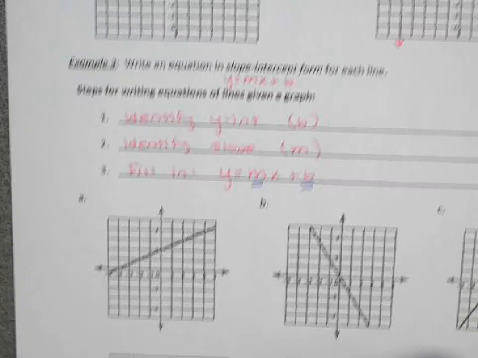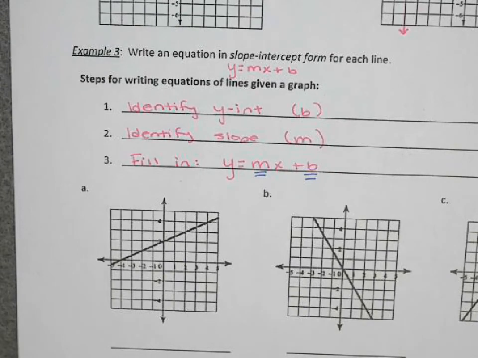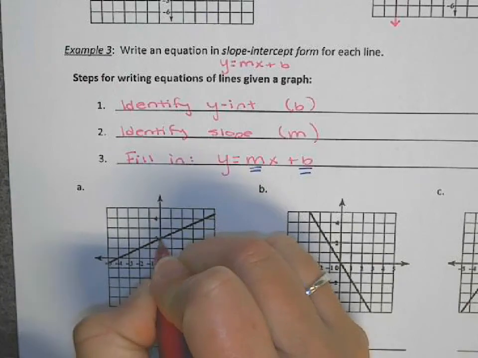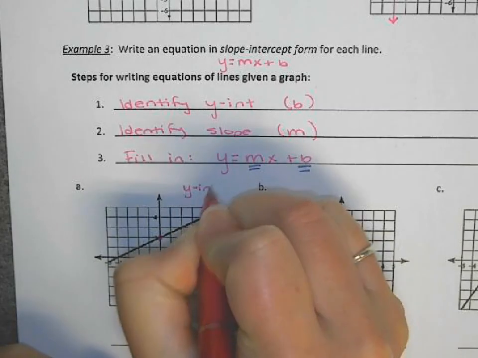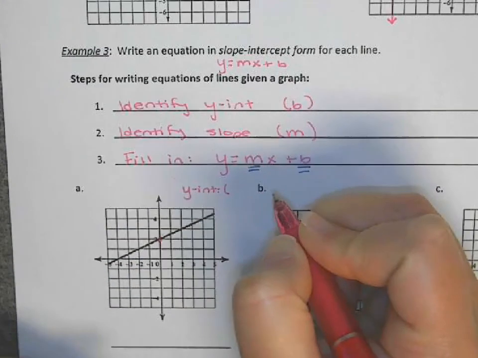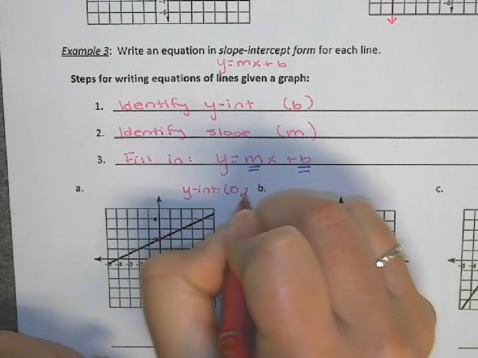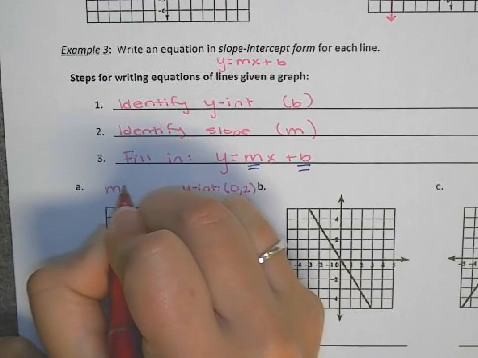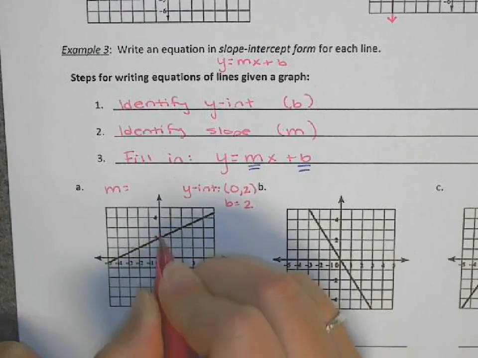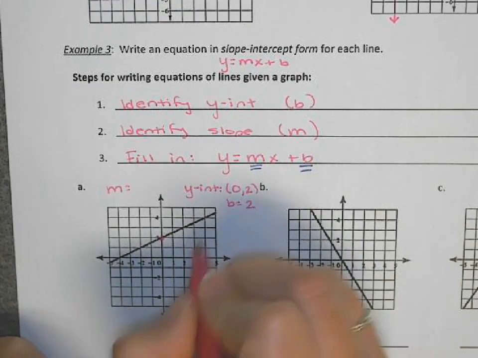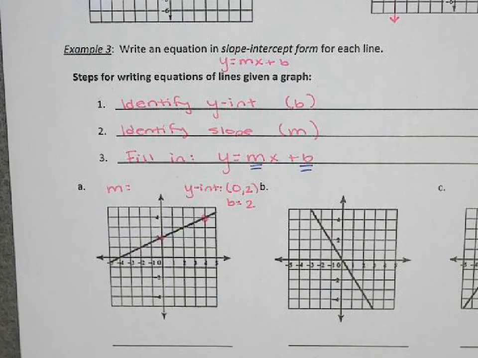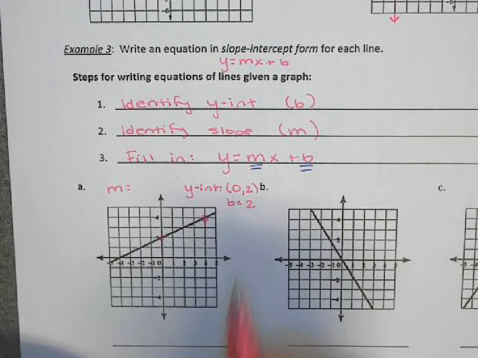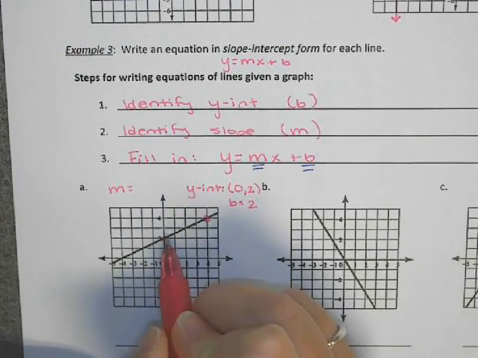So, in example A down here, I can see my y-intercept is at what point? It's at (0, 2), so the b value has to be 2. Then we have to identify what the slope is. So what would the slope of this graph be? You want to find another good point. Maybe it's right there, and up 1/2.